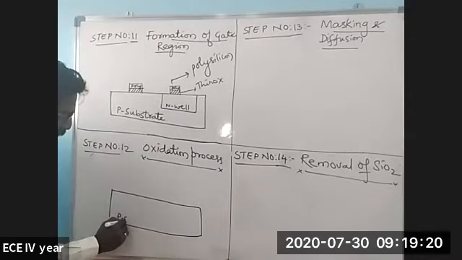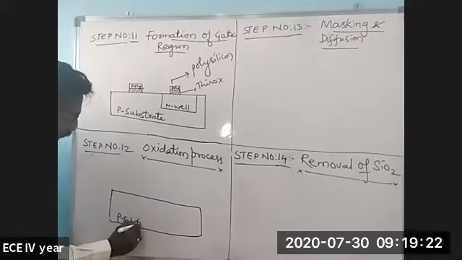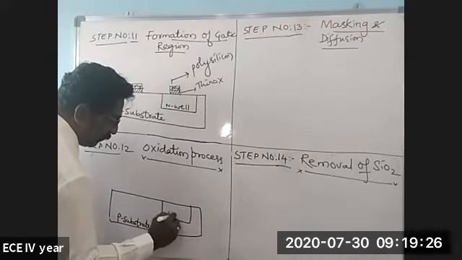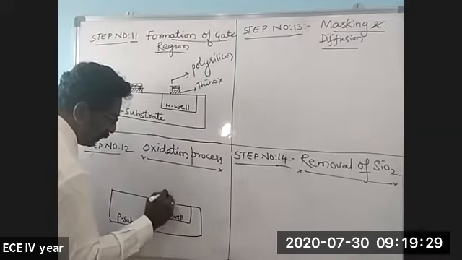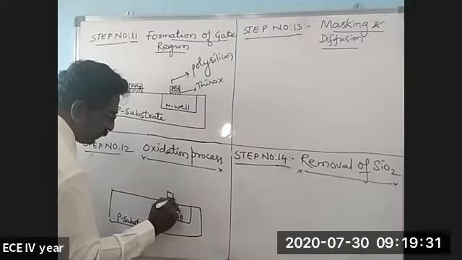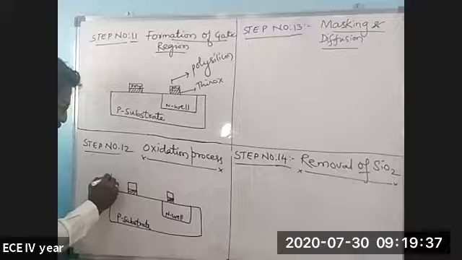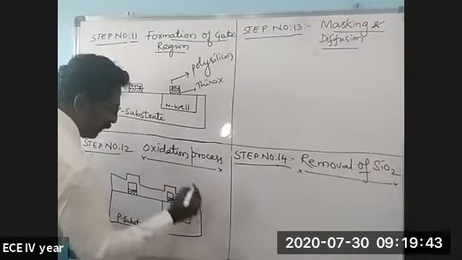This is your P substrate, and this is your N well, and inside the N well one gate terminal has been created, and here is another gate terminal. Upon this, the oxide layer has been formed.